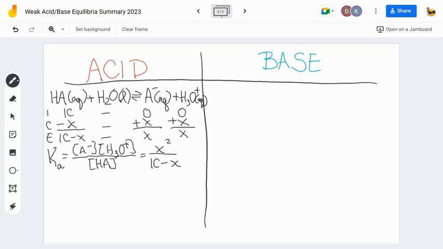That is our general form. So let's remember, in order to calculate the pH, pH is going to be the negative log of the concentration of H plus. Concentration of H plus or H3O plus is the same thing. Remember, that's what X is in this particular case. So it's going to be negative log of X.